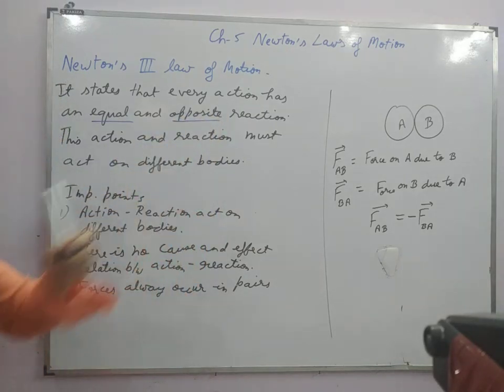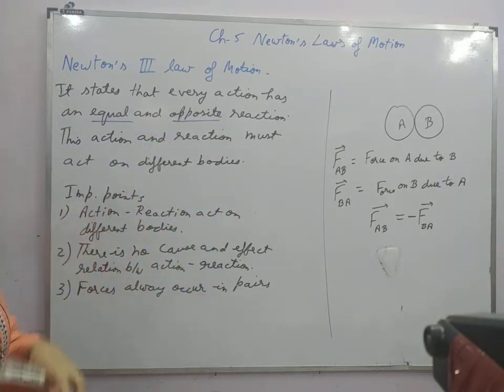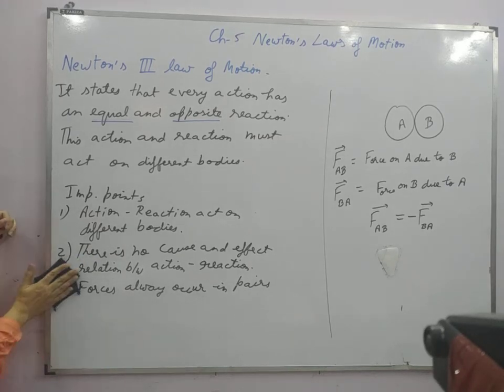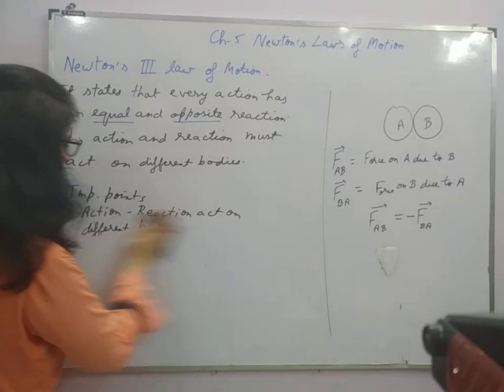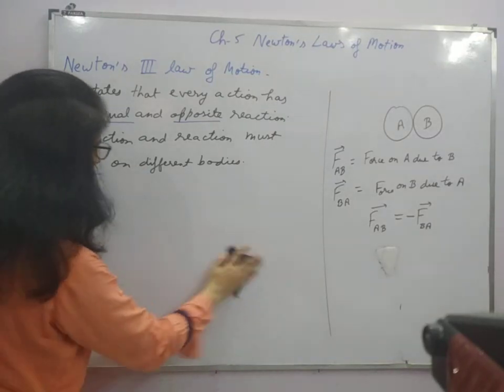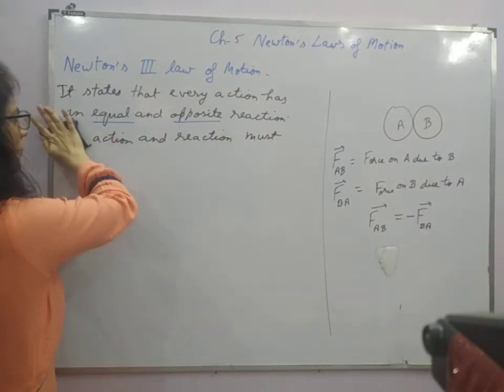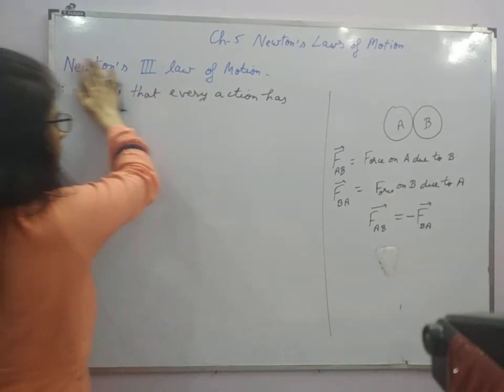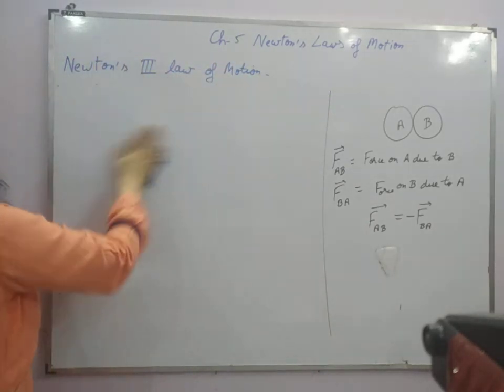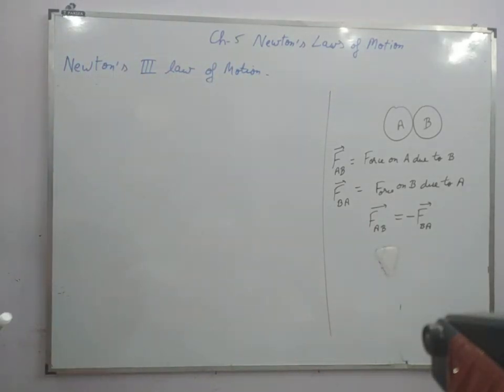Opposite means I have placed a minus sign. Equal means the magnitudes of FAB and FBA are equal, right? So I can take some examples over here where these action reaction forces are clearly given.